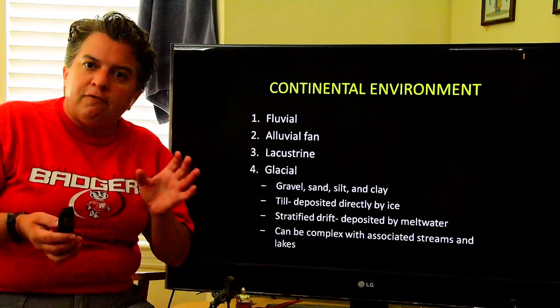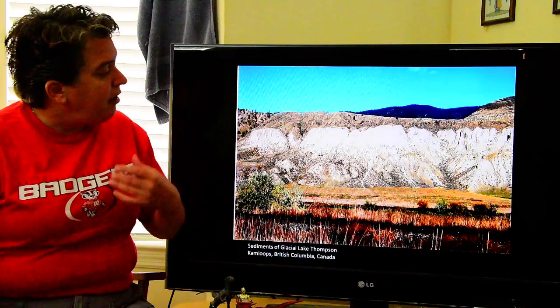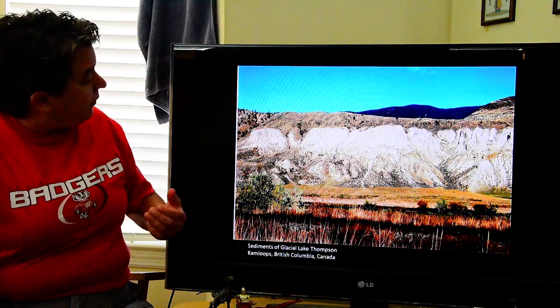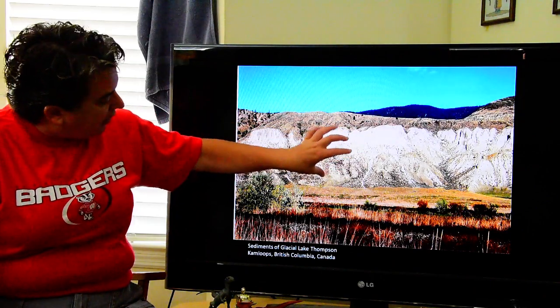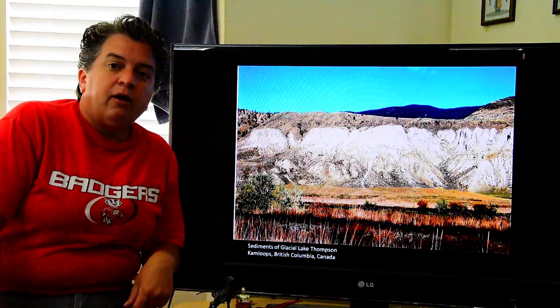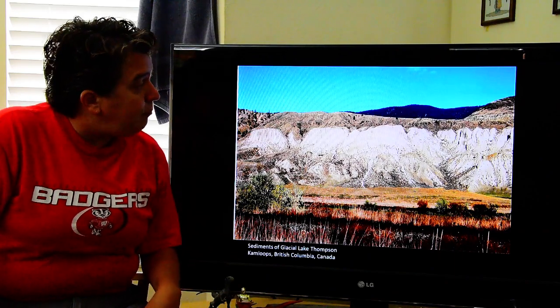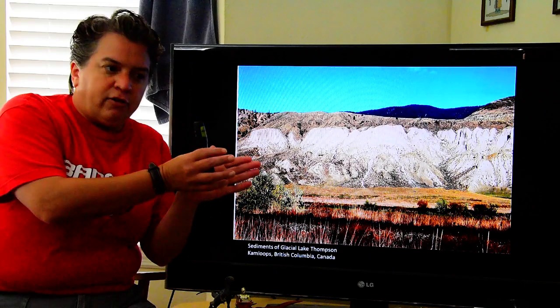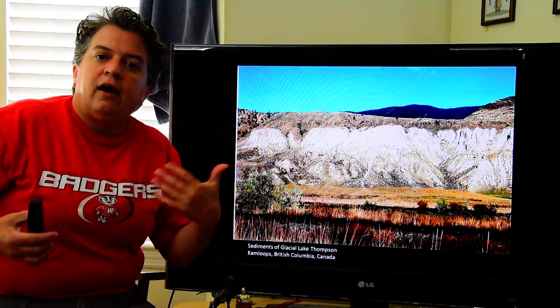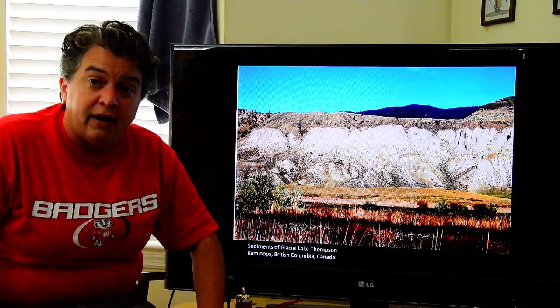So you can have very complex sediments formed around glacial areas. And in fact, right here, these are sediments of the glacial Lake Thompson, which is up in British Columbia.